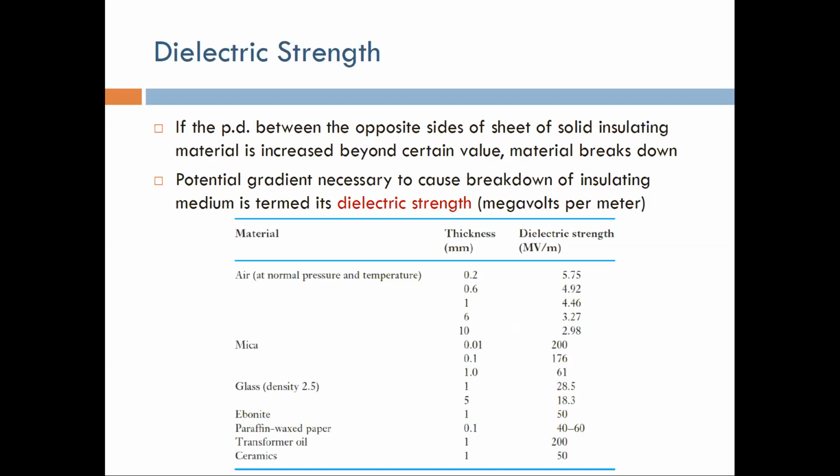When you have lightning, you have a very high buildup of voltage in the clouds. And whenever you have a conductor that is close enough, you might have arcing between the cloud and that particular conductor.